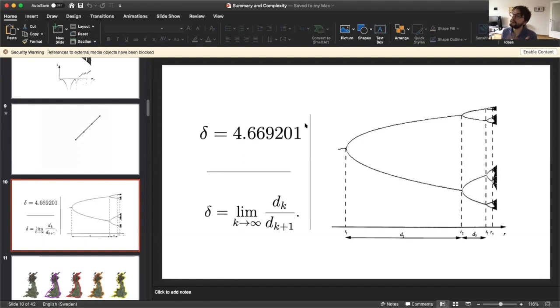And this universality property is really interesting and was discovered numerically by Feigenbaum, and was later demonstrated analytically, but using these very specific tools that come from computation. So using symbolic manipulation.